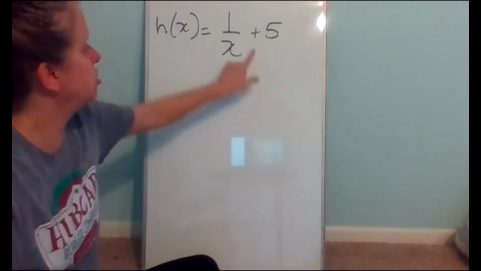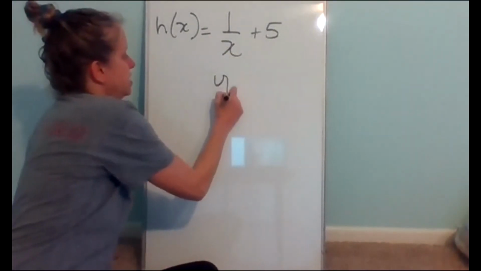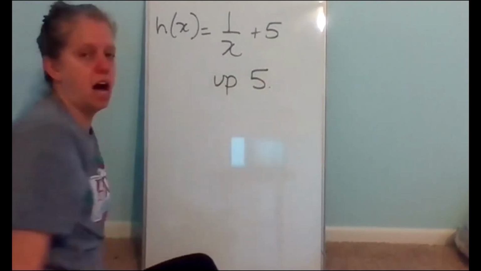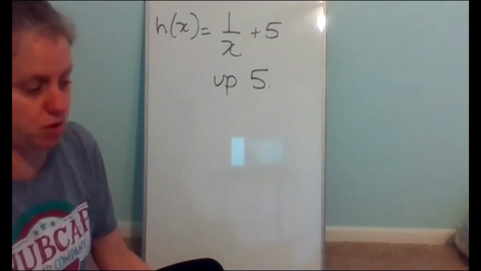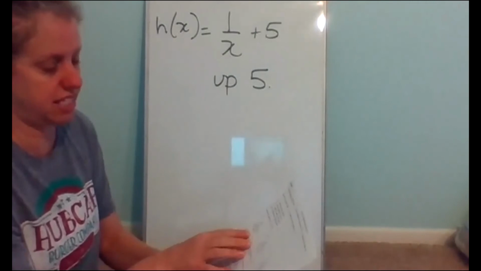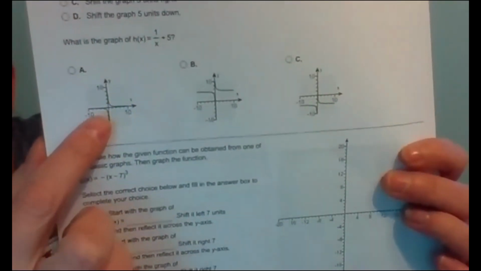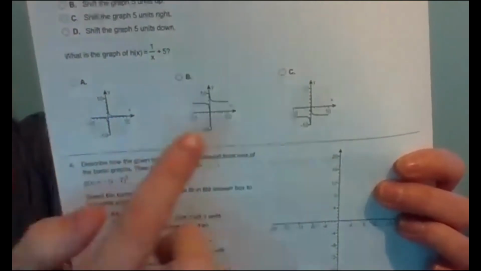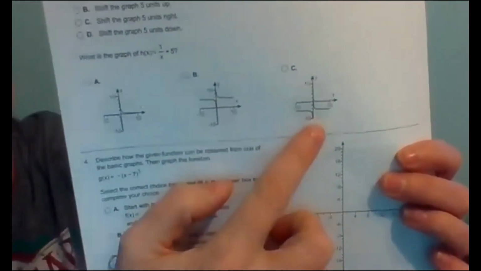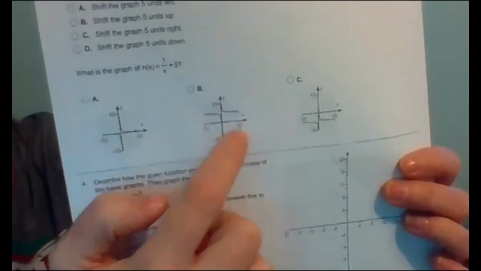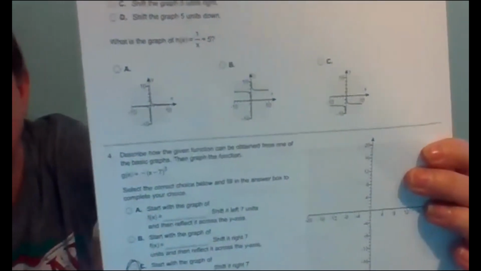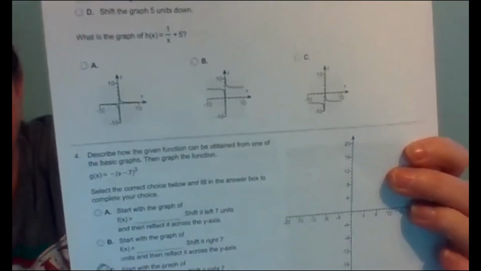Outside numbers shift you up and down, and you go with the sign. So plus 5 means it's going to shift up 5. That one's a normal one that hasn't been shifted at all, this one's been shifted up, and this one's been shifted down. So you would choose this one, since it would shift it up 5.